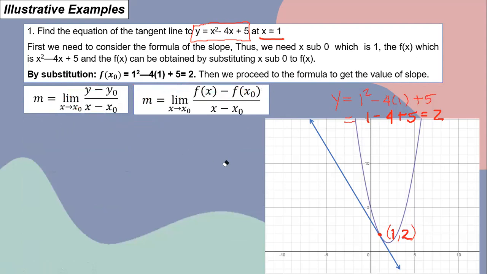So we have for this slope, okay, so we can focus here. M is equal to the limit of f of x minus f of x sub 0 over x minus x sub 0 as x approaches x sub 0. So substitution method lang. Okay.